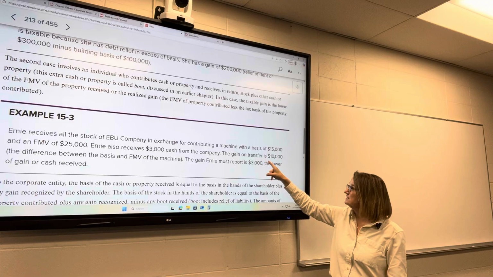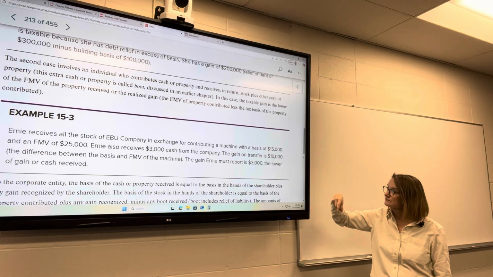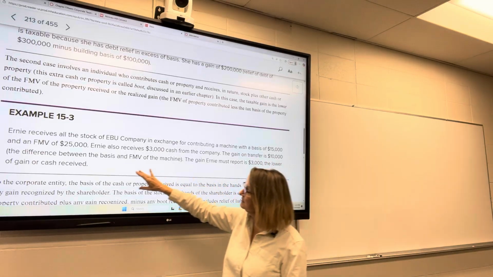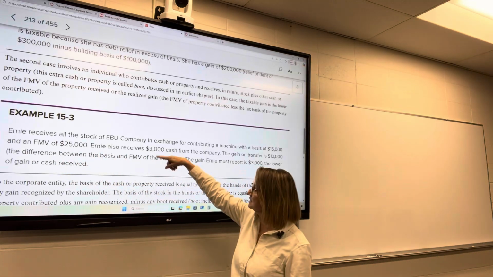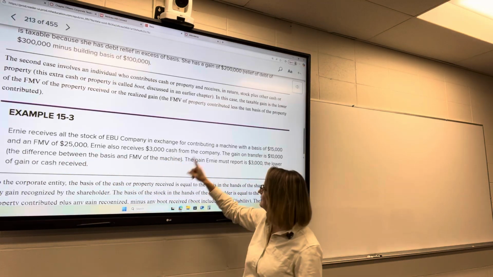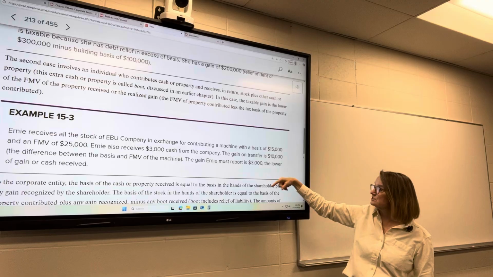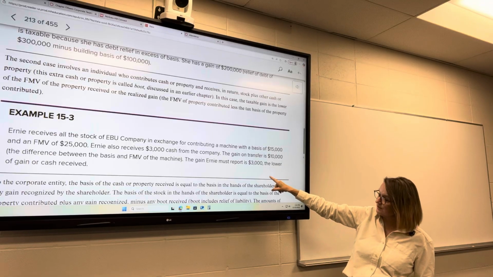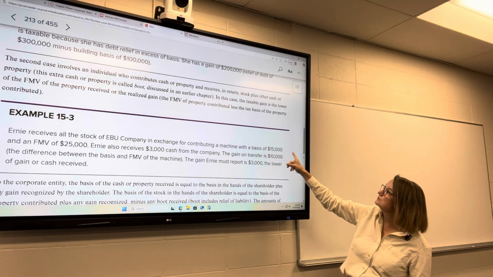He gets the cash from the company in exchange for, he's getting stock, but he's also getting $3,000 of cash. The gain on transfer is $10,000, which is the difference, like I said, between the fair market value and the basis. The gain that he has to report is $3,000 because it's the lesser of the two.